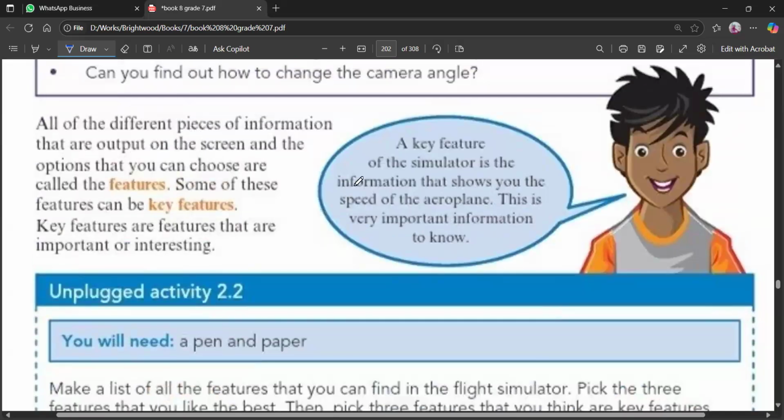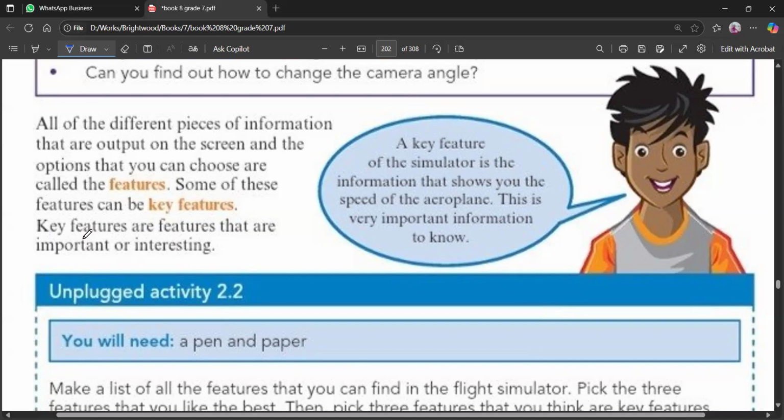All the different pieces of information that are output on the screen and the options that you can choose are called features.